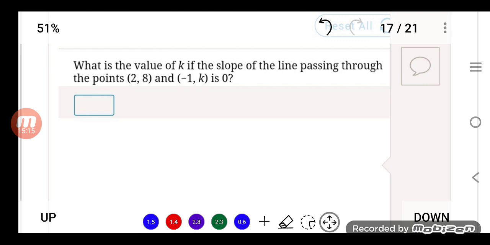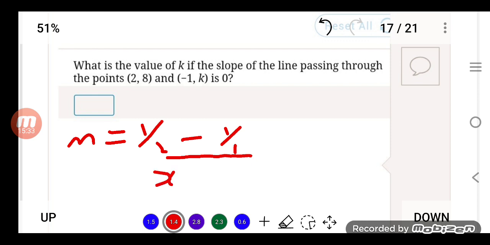Next one, what's the value of k if the slope of the line passing through the points is 0? Okay, we know that the formula for the slope, m is equal to y2 minus y1 over x2 minus x1.